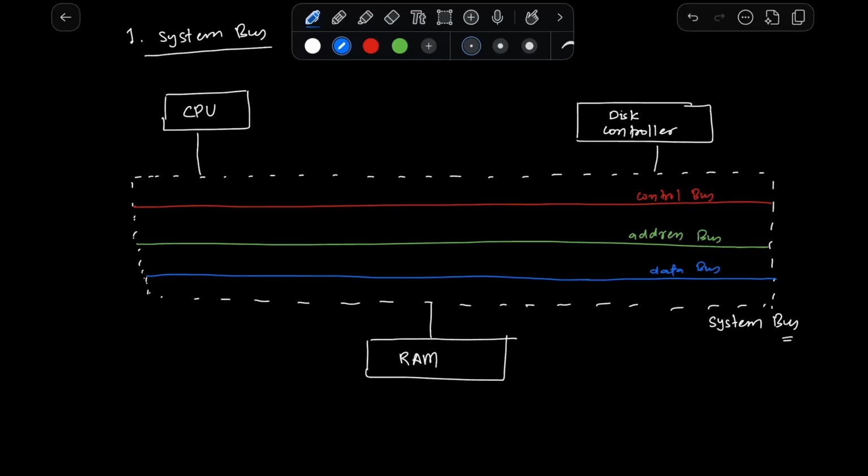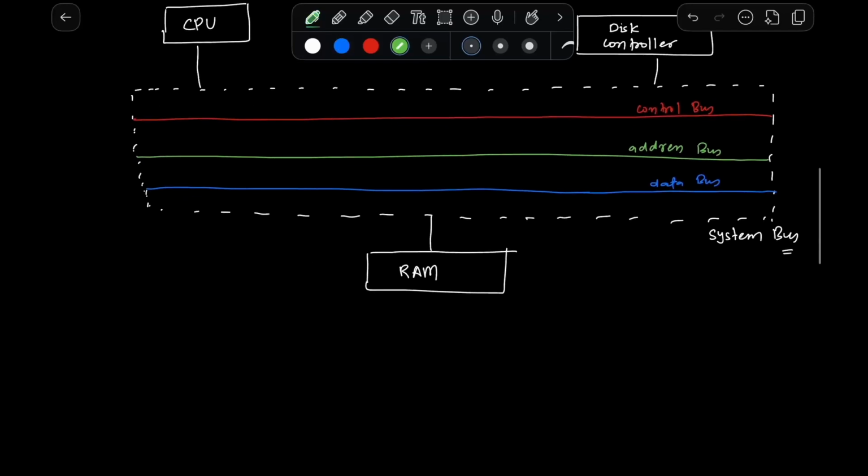Now starting with the address bus. See, address bus is a strict one-way street. What it means is only the CPU can drive instructions on it.